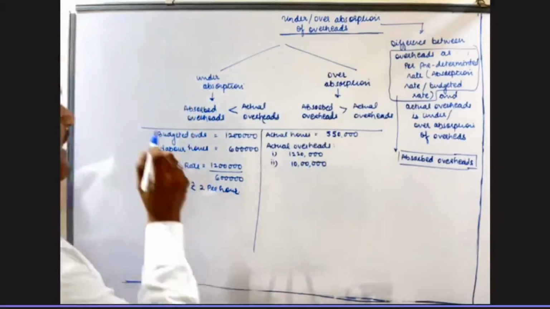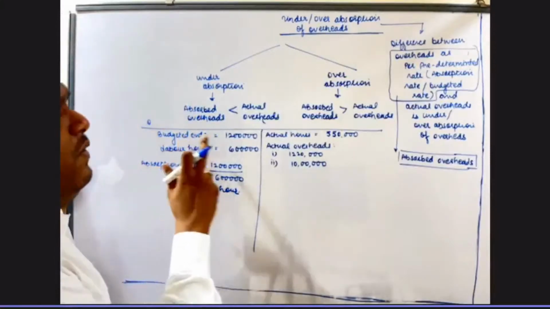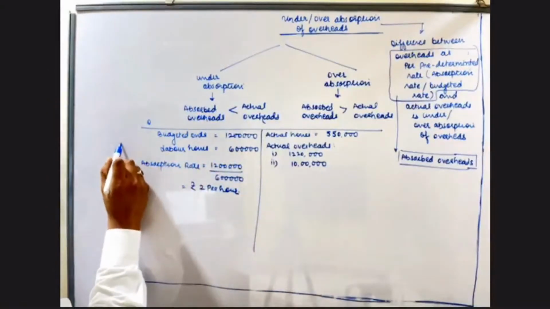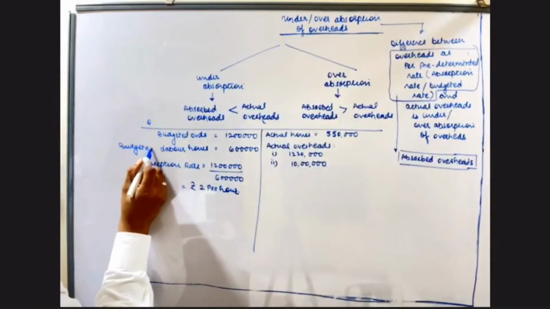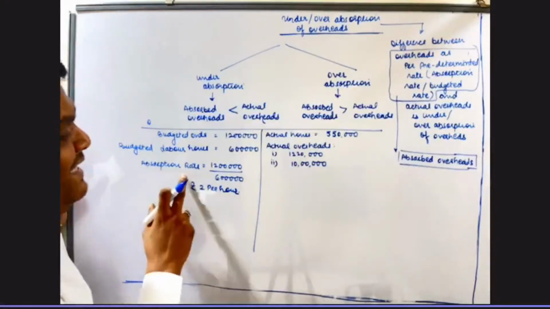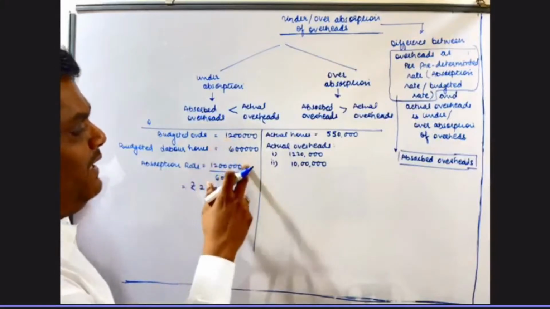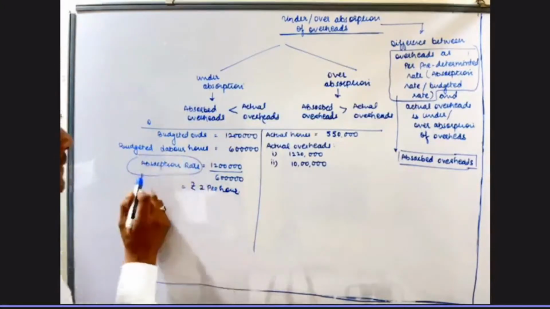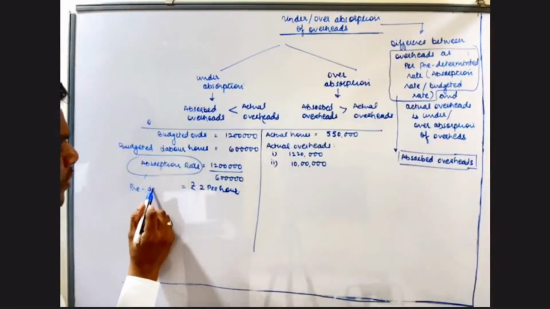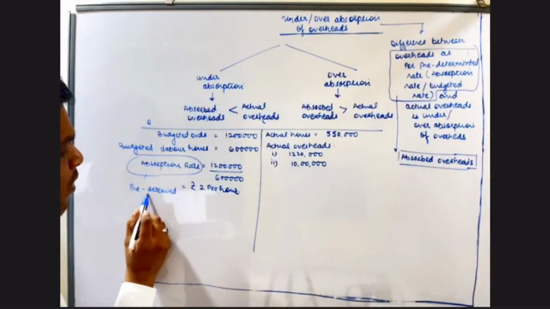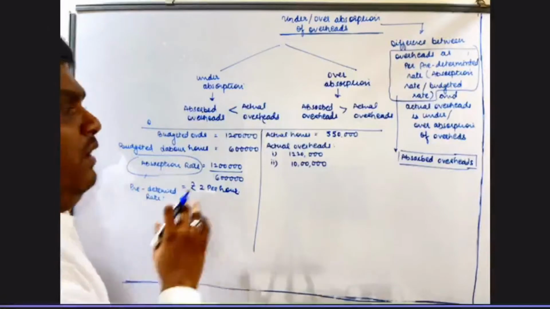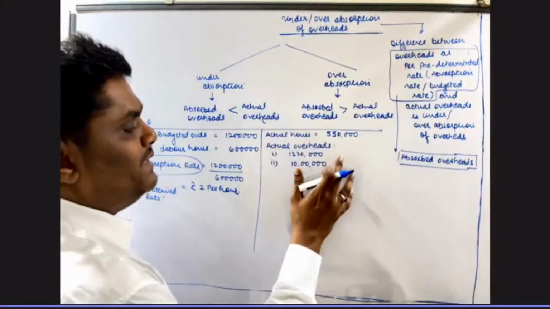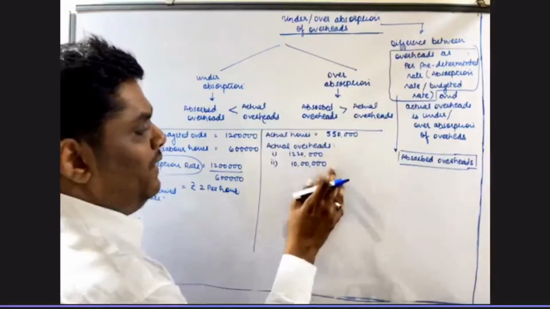I repeat again, the budgeted overheads are 12 lakh. The budgeted hours is 6 lakh. So we can easily calculate the absorption rate, that is 12 lakh divided by 6 lakh. So this is our absorption rate, or predetermined rate, or budgeted rate. Now, when talking about the actual data, the actual labor hours were 5,50,000 and the actual overheads, let's take two situations, 12,20,000 and 10 lakh.